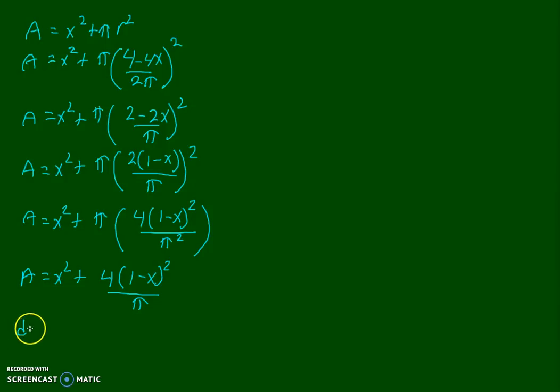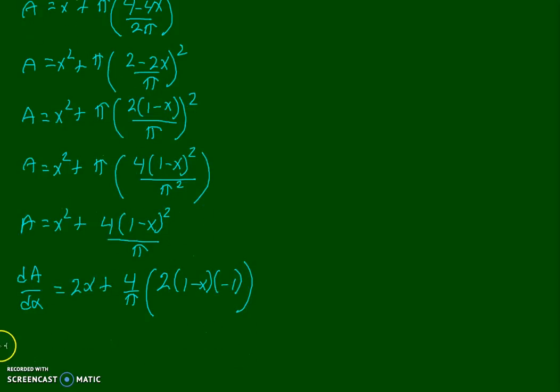So dA/dx equals 2x plus, pulling out the 4 over pi, times 2 times 1 minus x times the derivative of the inside, which is negative 1. And so this becomes 2x minus 4 over pi times 2 minus 2x.